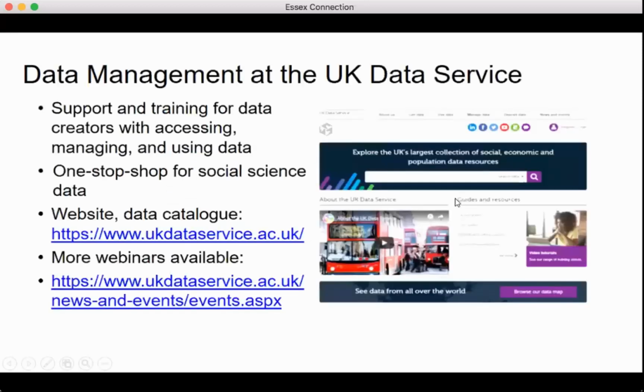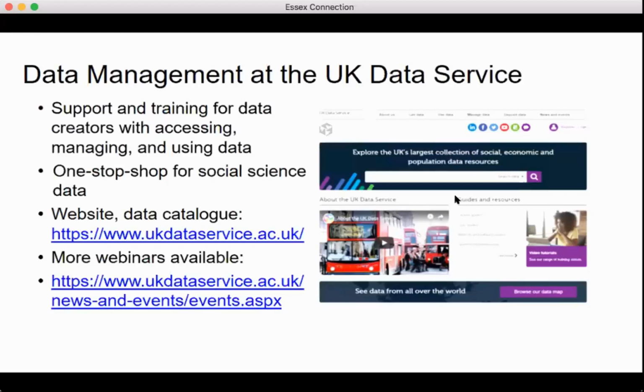The UK Data Service is funded by the Economic and Social Research Council and is a single point of access to a wide range of secondary social science data. We provide support and training for data creators with accessing, managing, sharing, and using data.